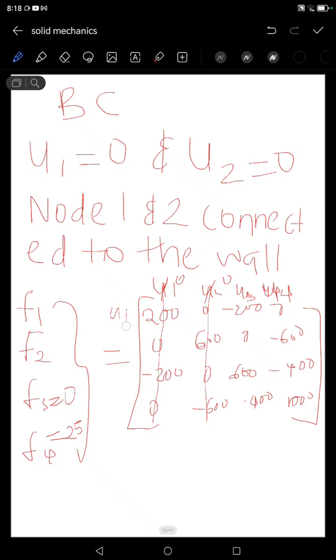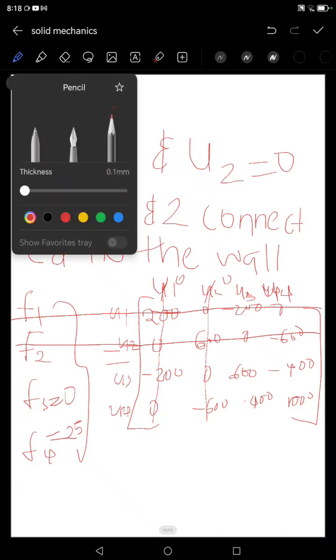Here we have U1, U2, U3, and U4, and even this one is going to be 0. So it cancels everything, and we're left with this one.